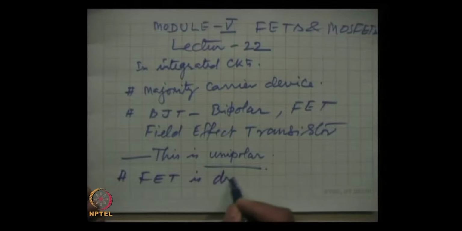And we will see here that in the BJT everything is controlled by the current, and even in the analysis we saw that we have to calculate the currents. Here, the voltage at the gate will control the current flowing in the circuit.